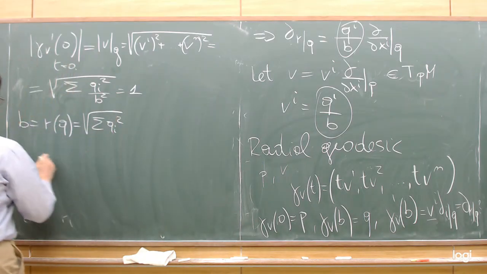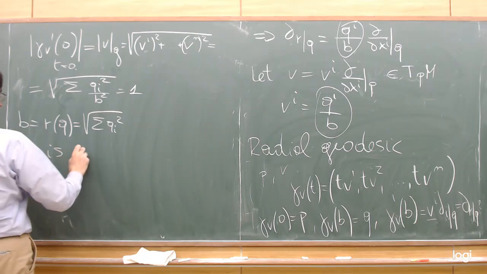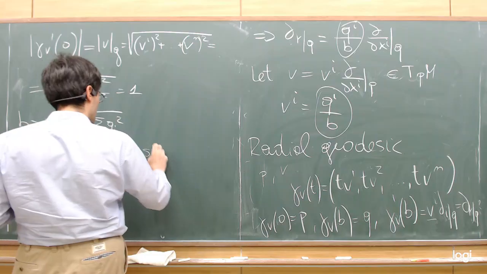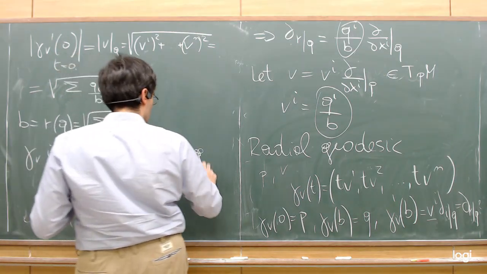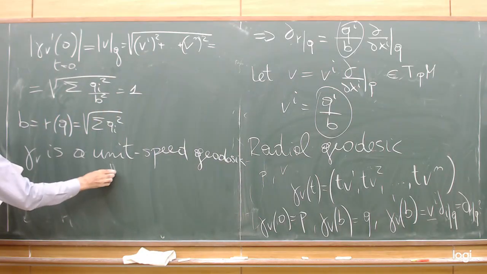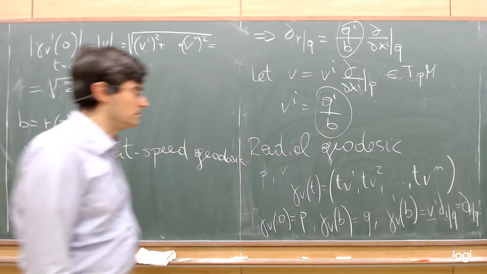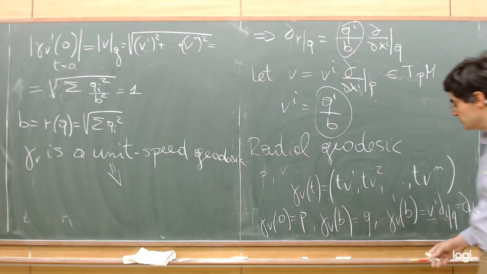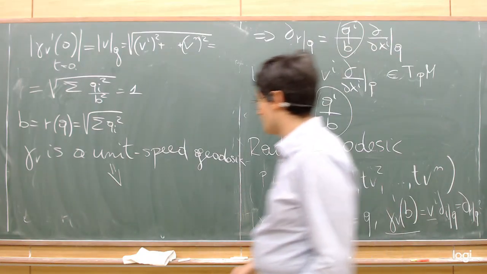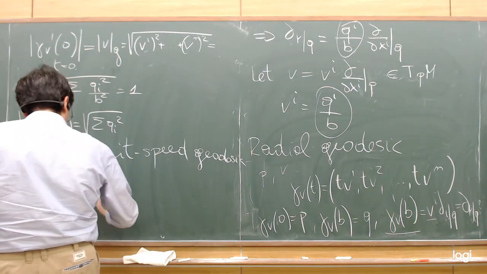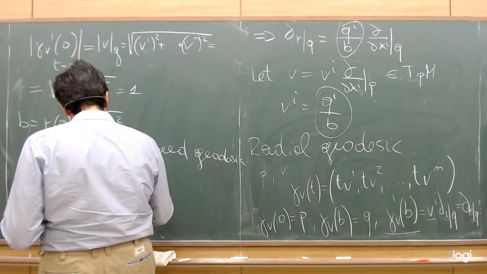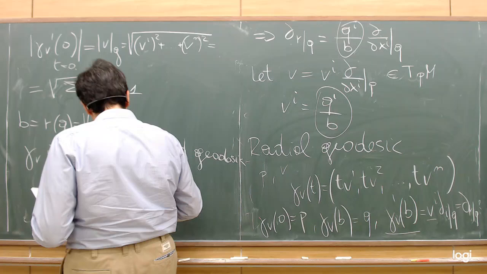So gamma_V is a unit speed geodesic, and this implies that this also has length 1, which means that delta r at Q has length 1.